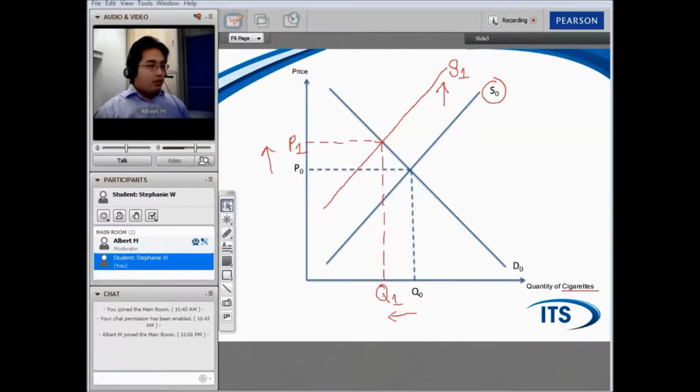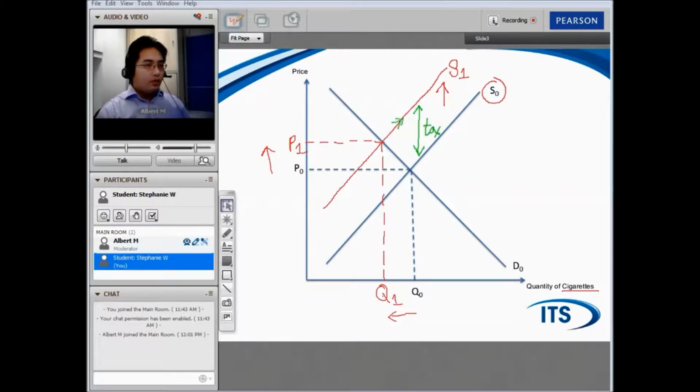Aside from this, we also would like to establish what is the amount of tax collected by the government. And to do so, as I said before, I'm using a per unit tax model, meaning the difference between the S1 curve and the S0 curve is the per unit tax charged by the government.